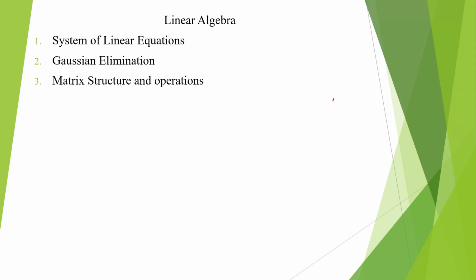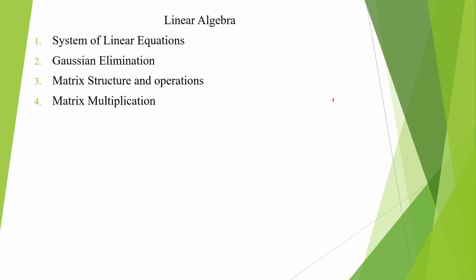And the third point, we talk about matrix structure and operations. Matrix structure means the kinds of matrices and the dimension of a matrix, and operations of matrices, how many operations there are on matrices.